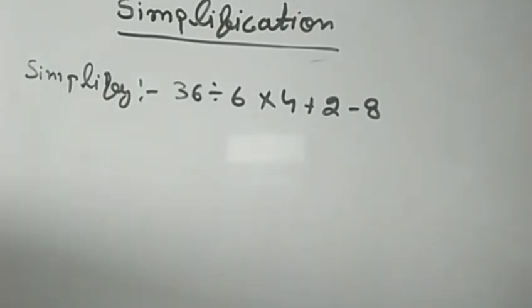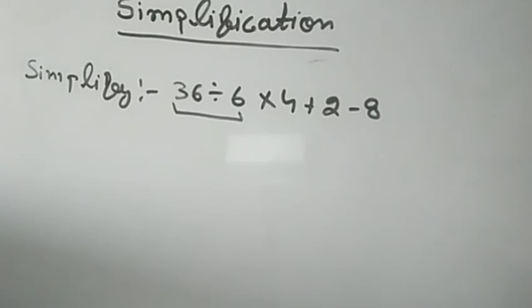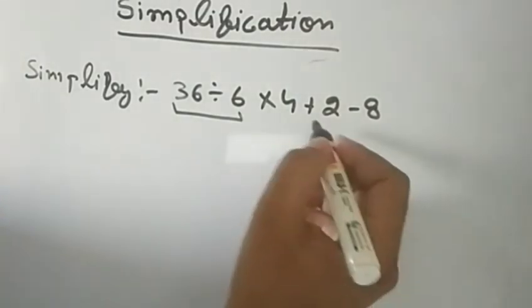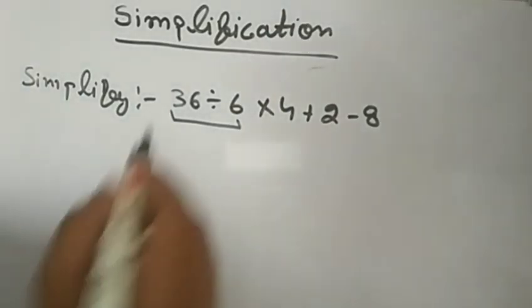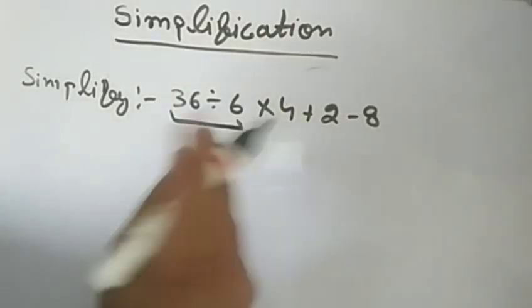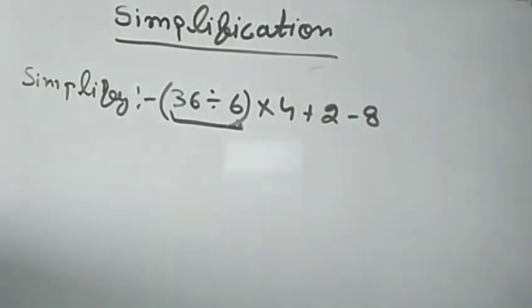So which one do we have to solve first? We always start from D, meaning division, then multiplication, then addition, then subtraction. The division sign is between 36 and 6. So first of all, we have to solve these two numbers and write all the other numbers as they are.